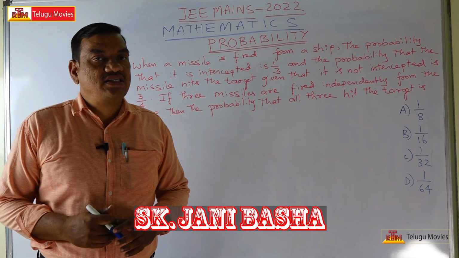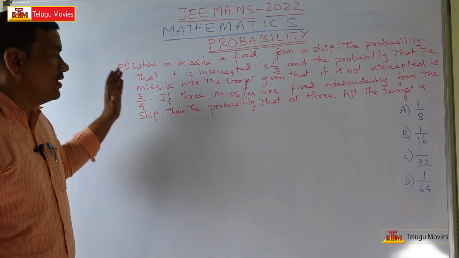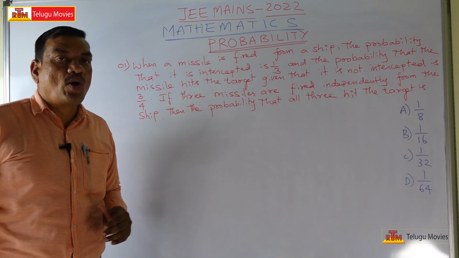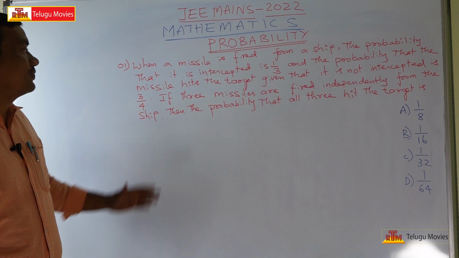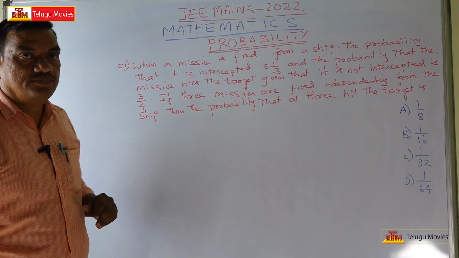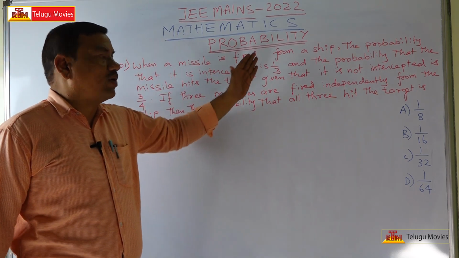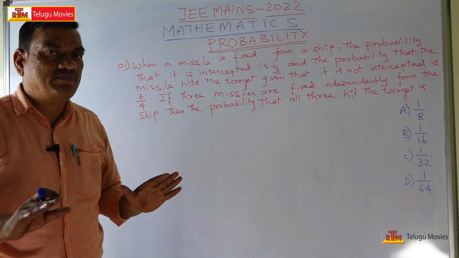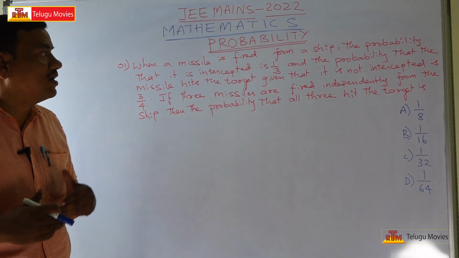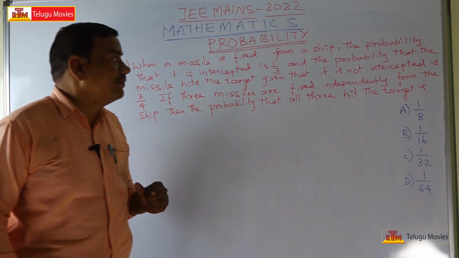So dear students, welcome to our class. Now today's problem is, please read the problem and understand it. When a missile is fired from a ship, the probability that it is intercepted is 1/3. Intercepted means it failed.